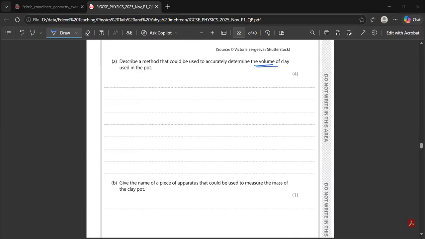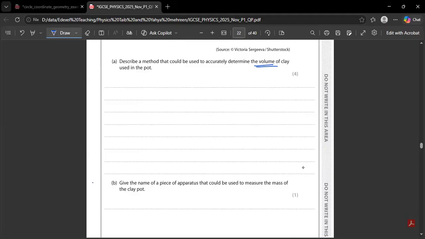Yeah, water displacement method. Thank you, Thai. The displacement method is used to measure the volume, right? So use a displacement method. And how will you describe that displacement method? Yes.